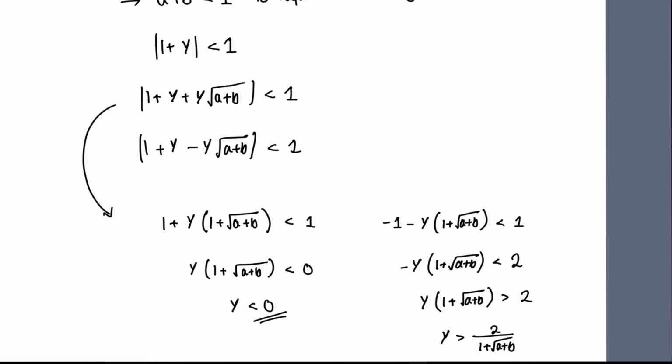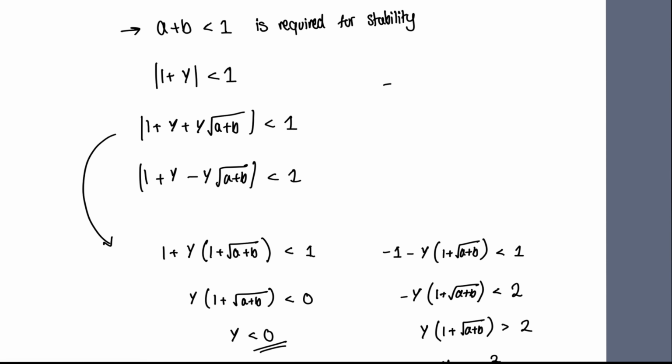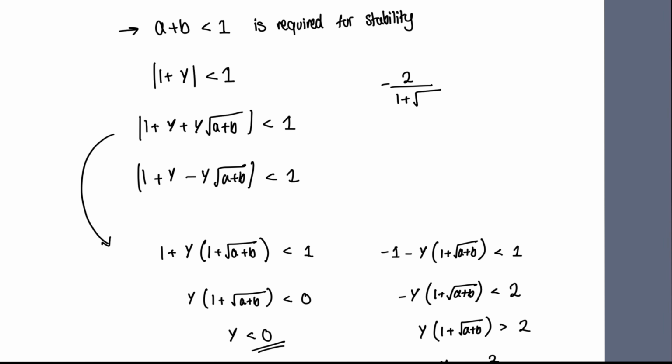And if we check, we can find that these two also fit with these other two conditions. So we have minus 2 over (1 plus root a plus b) less than gamma, and less than 0. So this is the condition for gamma which is needed for stability.